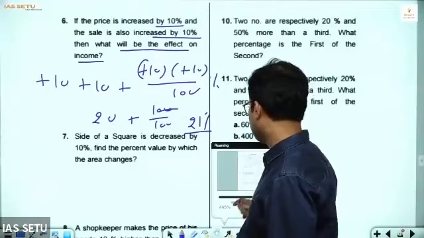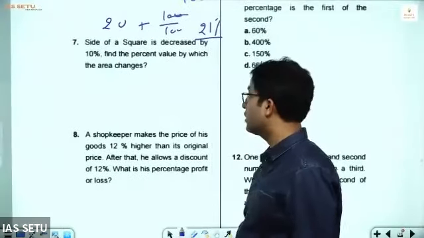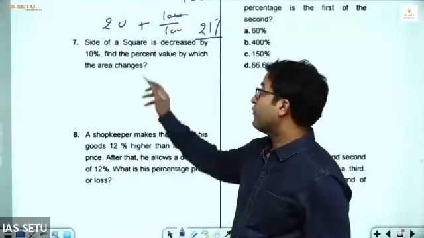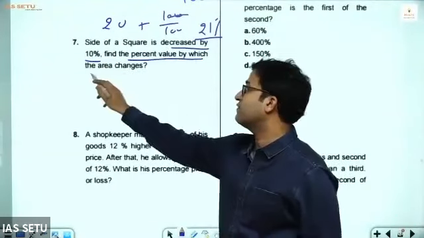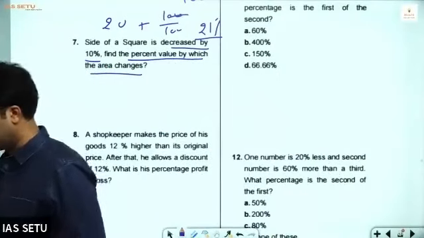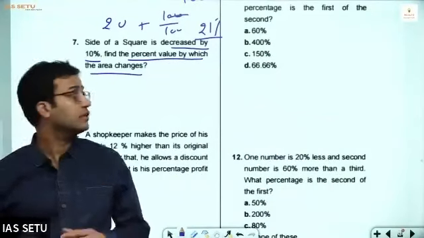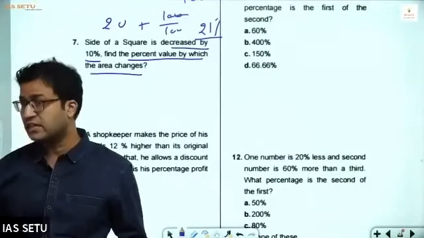Question number 7. Side of a square is decreased by 10%. Find the percent value by which the area changes. You people try this question. Side of a square is decreased by 10%. Find the percent value by which the area changes.